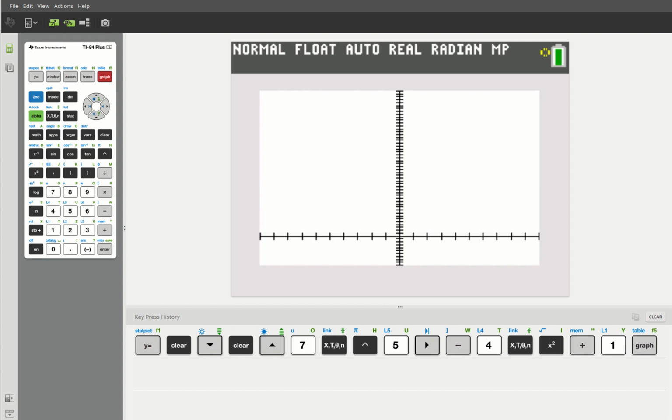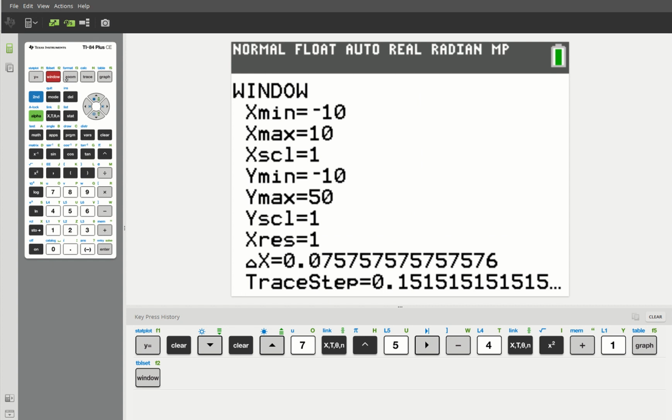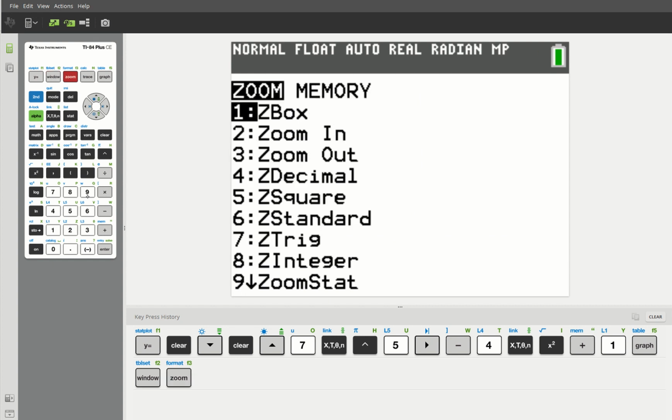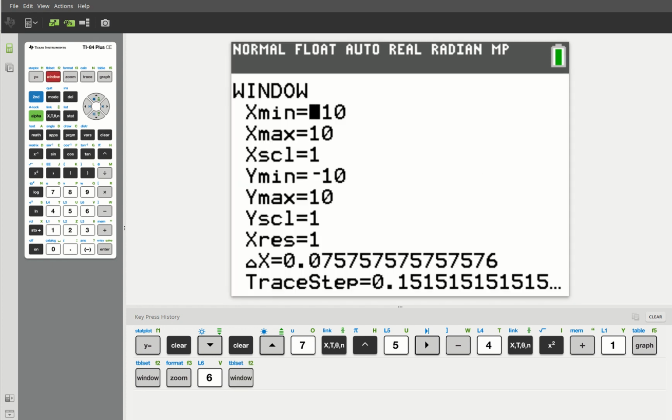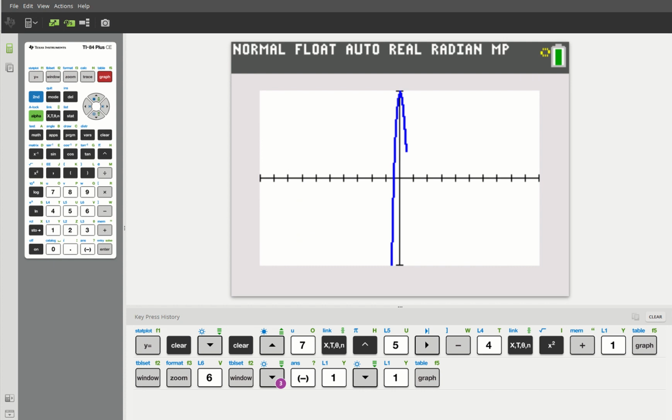If we hit graph, I had my window adjusted, so let me change it to a standard window. We can see the graph here, but I'm not quite sure what's happening at this little point down here. So I'm going to adjust my window, focusing on the y values, from -1 to +1, and hit graph.